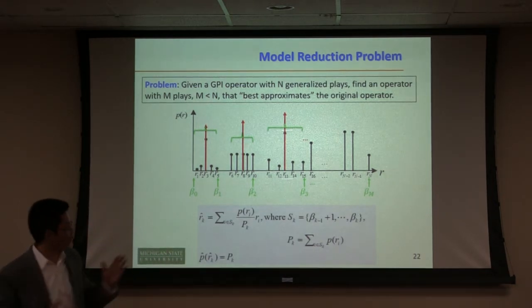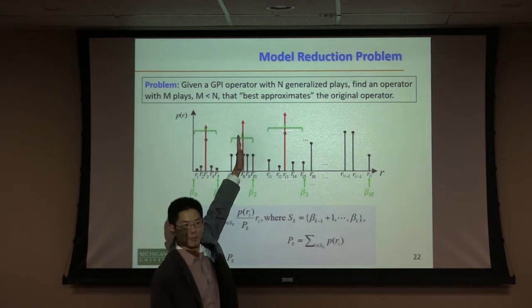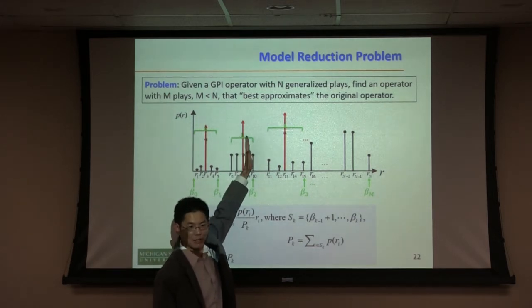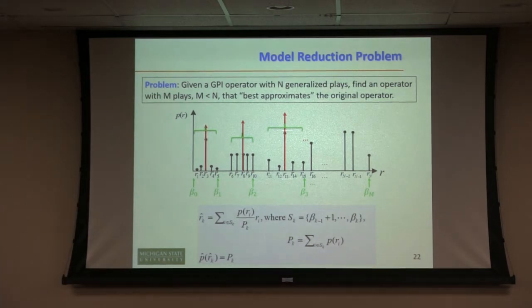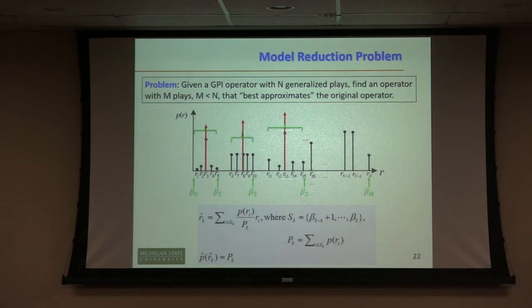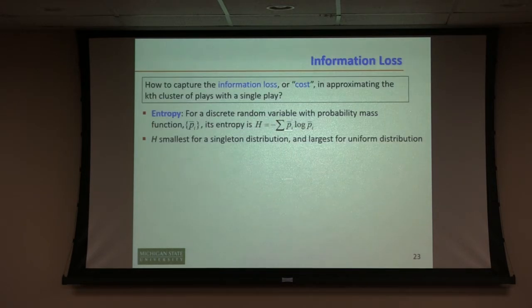Where should I put my representative? You would expect error there. So, inspired by that, we define the metric using the entropy of that cluster, basically the weights of that cluster.